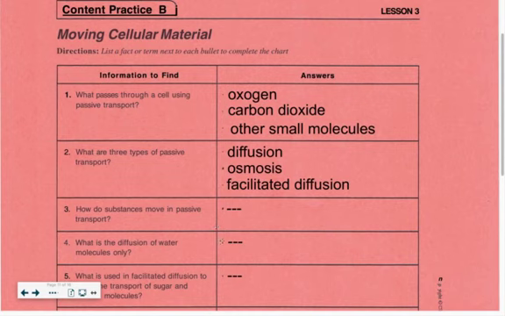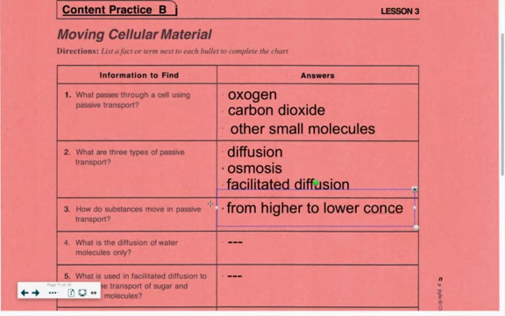From higher to lower concentration. And then what is the diffusion of water molecules only?